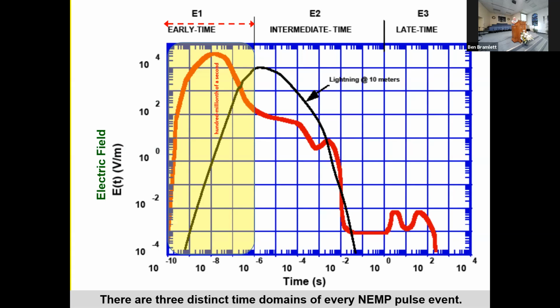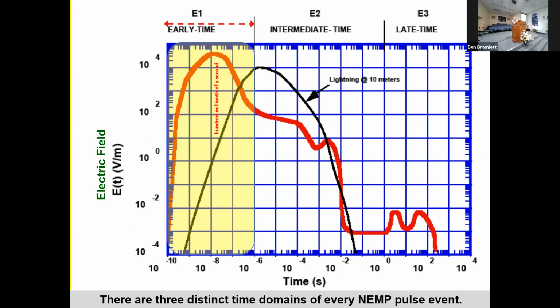If you look at the first, that's called the E1 or early time pulse, that pulse basically shows up at its maximum amplitude within 100 millionth of a second. Okay, that's pretty darn quick. There's not too many things in the universe that are fast enough to catch and stop something like that.